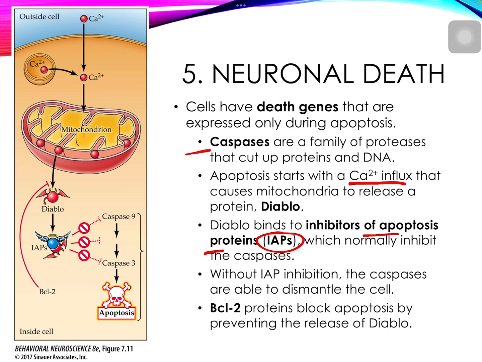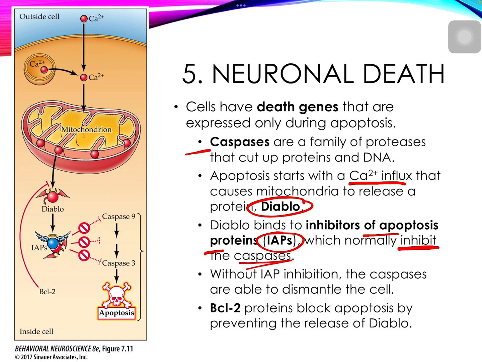So what happens is this: in the mitochondria, we get this influx of calcium, and then apoptosis is beginning, so the mitochondria release a protein called Diablo. Diablo is going to bind to the IAPs and inhibit them, which means they can't do their job to inhibit the caspases.